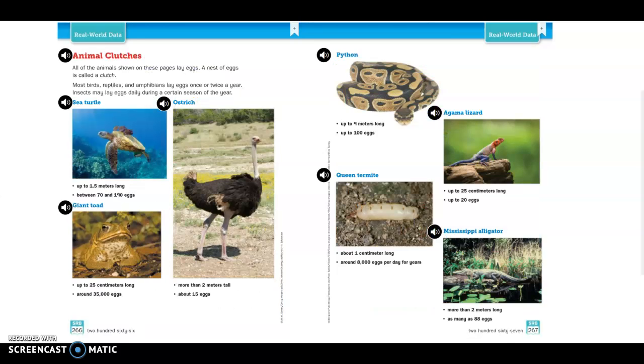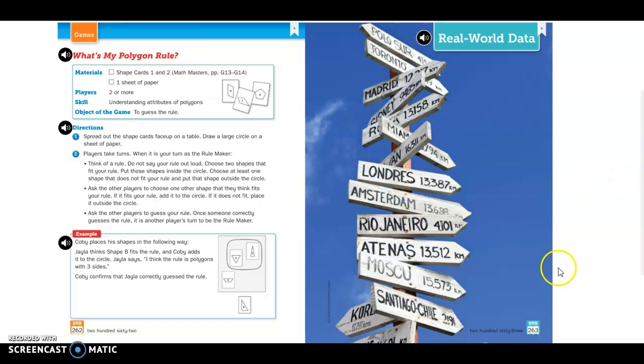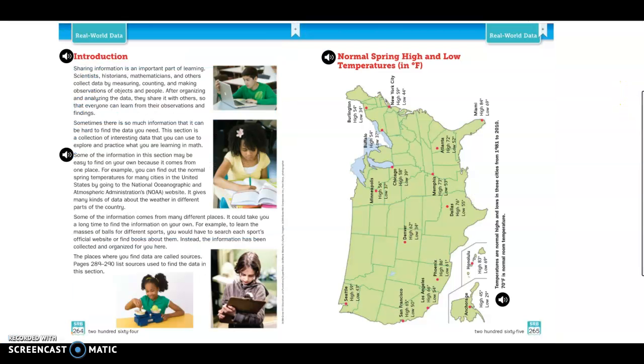We will use some of this real world data to help us. It starts right here on page 263. We will use this data to solve problems. So if they said to look in my reference book on page 265 to look at this map of temperatures, normal, spring, high, and low temperatures, I would come to this page to get my answers.